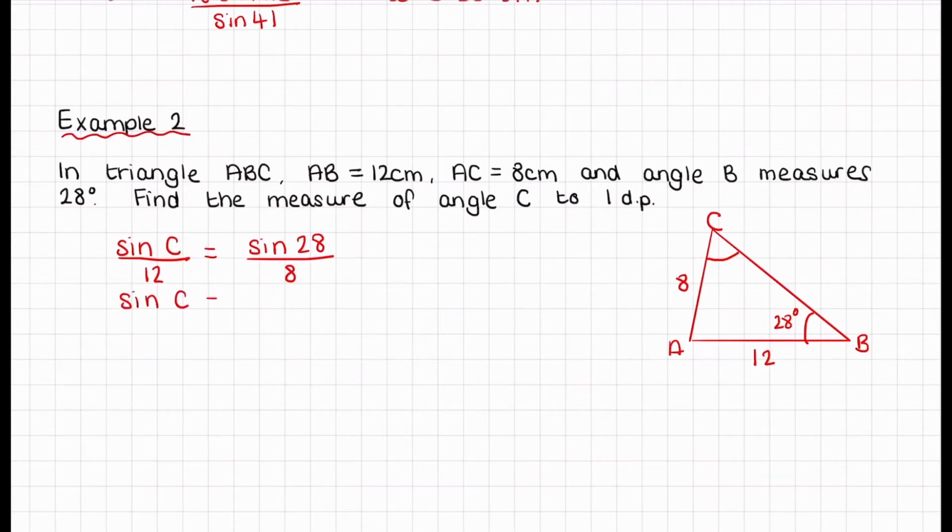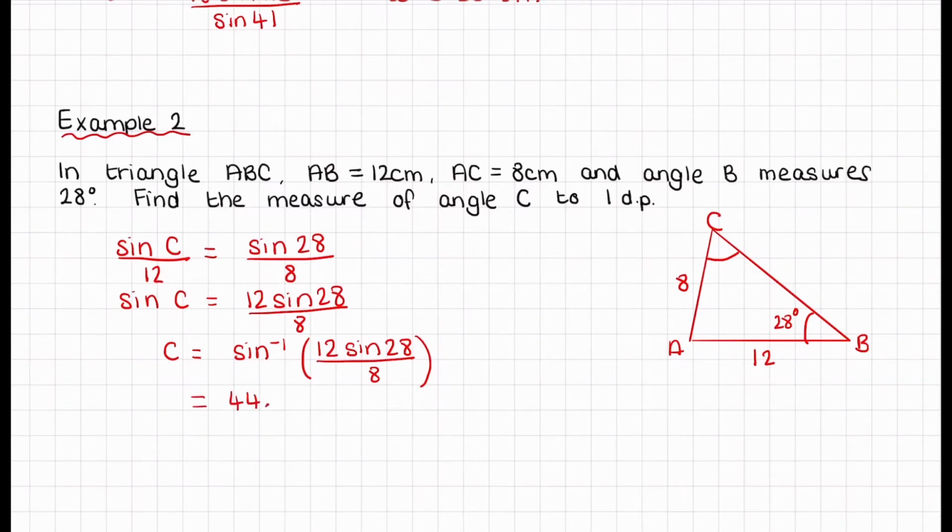So we'll have sine C equals 12 sine 28 on 8. Now remember, we want to find the angle, so we need to do our inverse, so the sine negative 1 of 12 sine 28 over 8. And if you put that in your calculator, you will find it is 44.8 degrees.